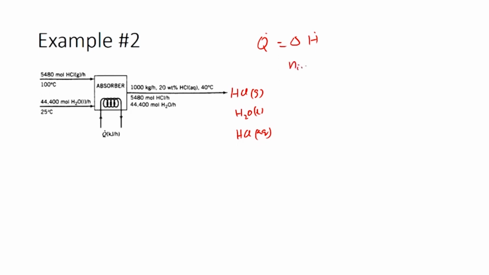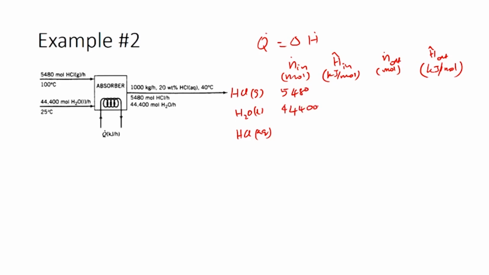So, N dot, which would be in terms of moles, and H cap in terms of kilojoules per mole, and N dot out in terms of moles and H cap out in terms of kilojoules per mole. So, you have 5480 moles of HCl gas and 44,400 moles of water liquid entering into the system.